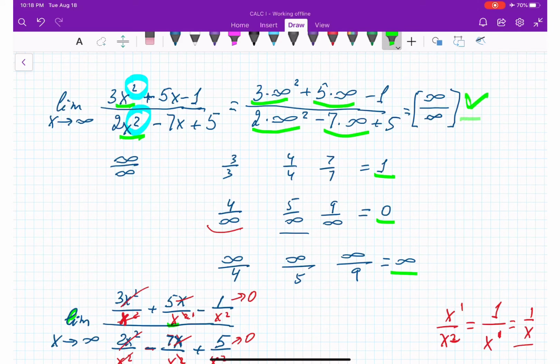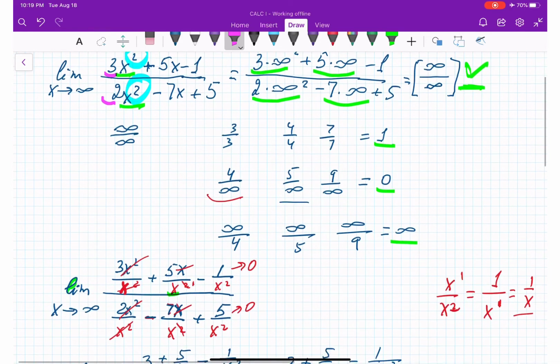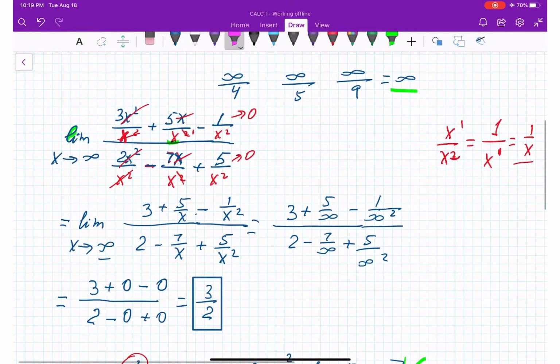That must be the case. Only in this case are we getting the answer. See, the coefficient of the highest degree in the numerator is 3, the coefficient of the highest degree in the denominator is 2. As you can see, the answer we are getting is 3 over 2.